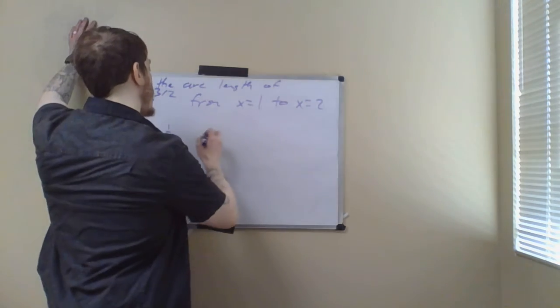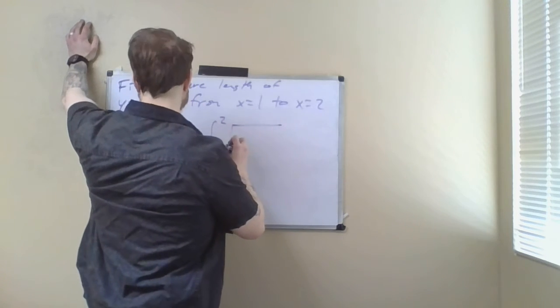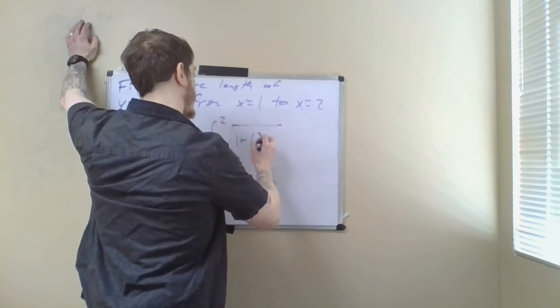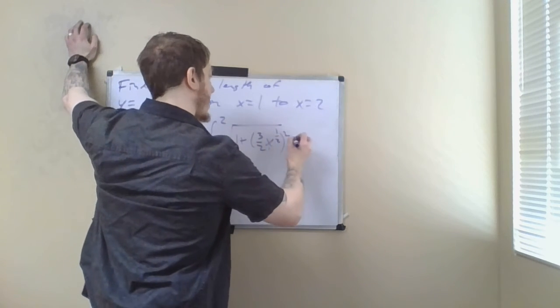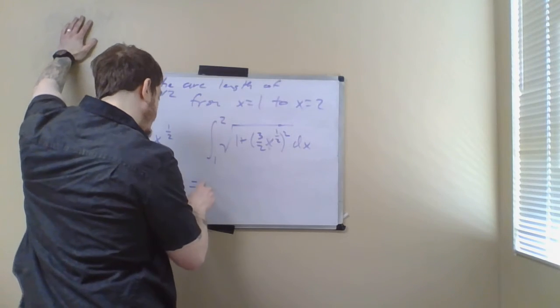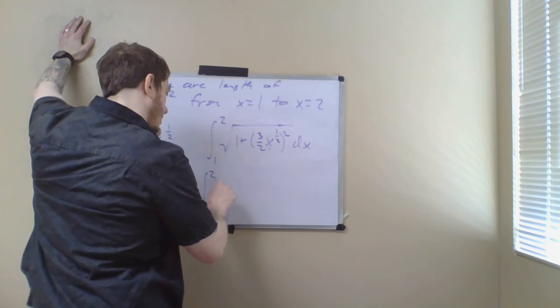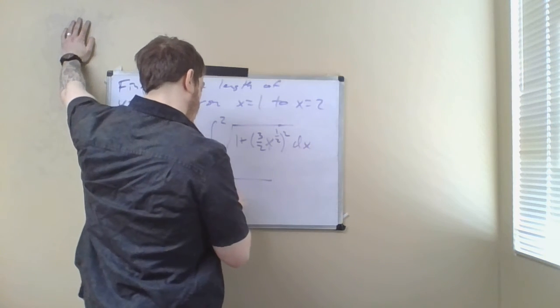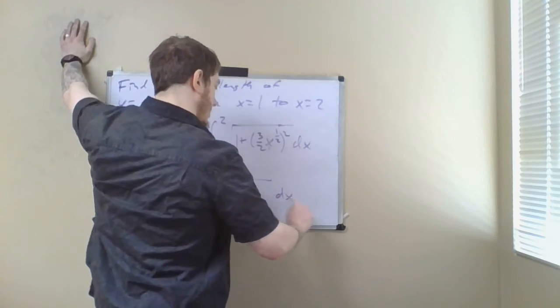And therefore, my arc length is going to be the integral from 1 up to 2 of the square root of 1 plus (3/2 x to the 1/2) squared dx. This is going to give me the integral from 1 up to 2 of the square root of 1 plus 9/4 x dx.